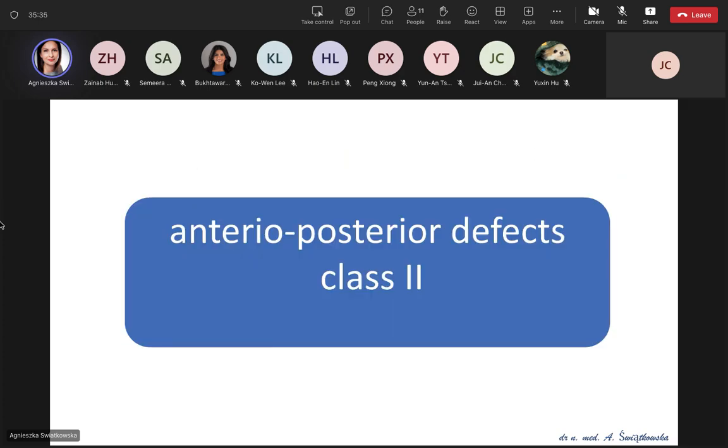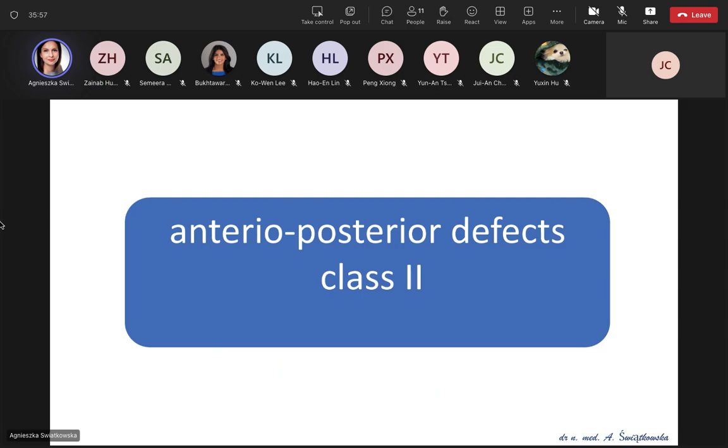Next problem is anterior-posterior defect, class 2 treatment. Class 2 we treat with functional appliances. We will talk more about functional appliances during 9 semesters.